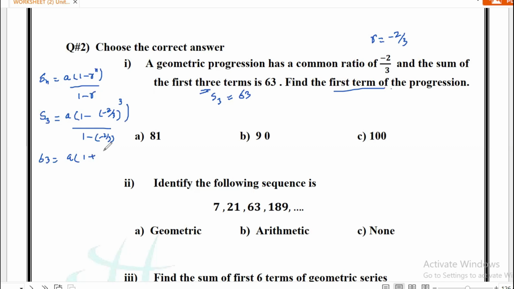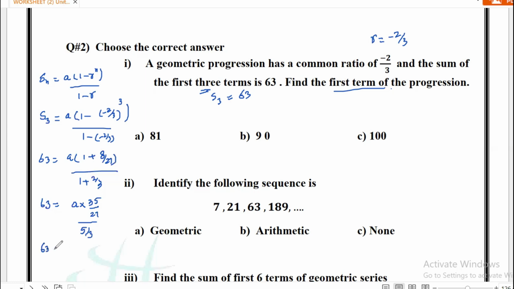Then 63 equals a multiplied by 35/27 over 5/3.